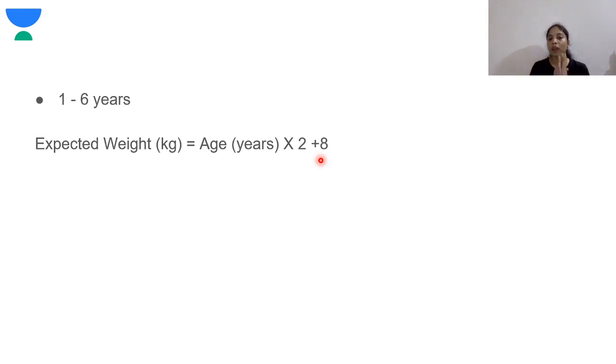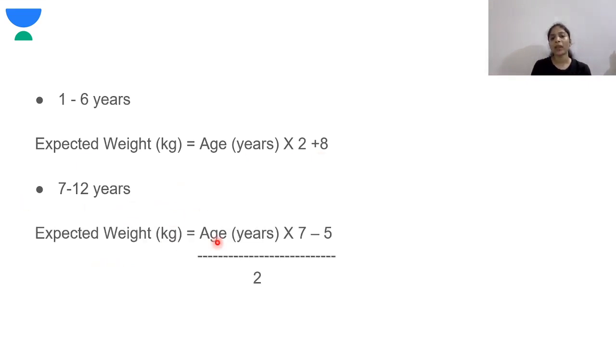For a child who is 7 to 12 years, the expected weight is age in years into 7 minus 5, divided by 2. So if a child is 10 years old, 10 into 7 is 70, 70 minus 5 is 65, 65 divided by 2 is 32.5, so around 32 kgs.